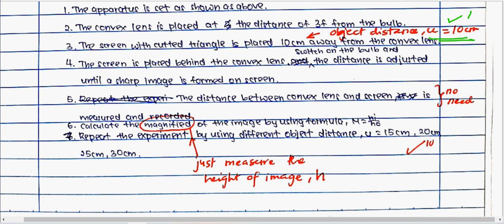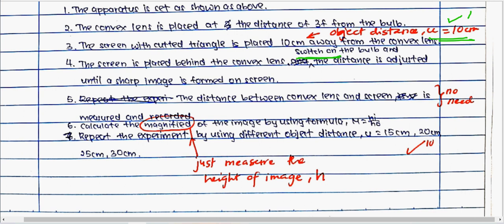Then the screen placed behind the convex lens, switch on the bulb. This one wajib bulb mesti ada switch on. And then the distance adjusted until sharp image form on the screen. Then here, the distance between convex lens and screen is measured and recorded. So this one is no need, because you are focusing on the size of the image. So you can just write the height of the image.